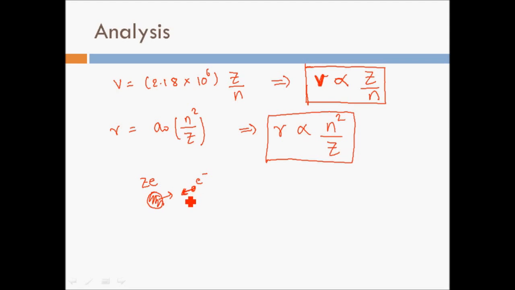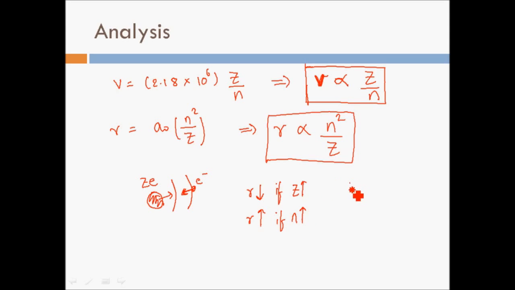That means it will be present in an orbit which is closer to the nucleus, that is, at a lower value of radius. So remember that the radius of the orbit decreases if the atomic number z increases, and the radius increases if the orbit number increases.